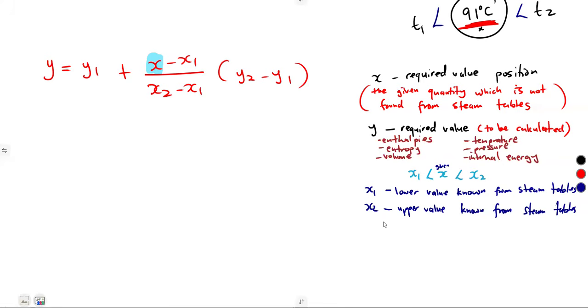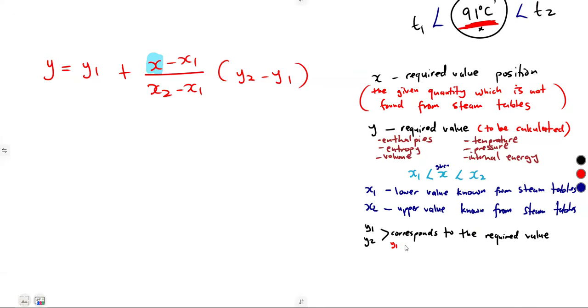So they correspond to the required value, the Y value.